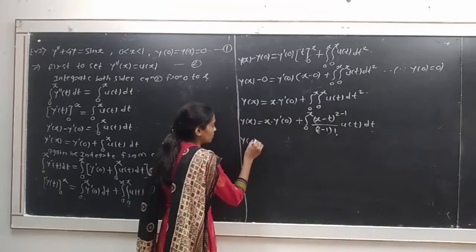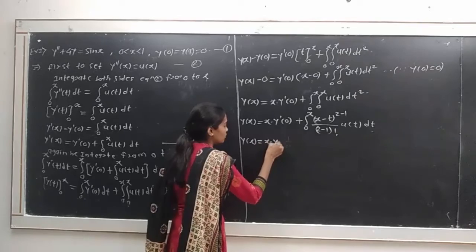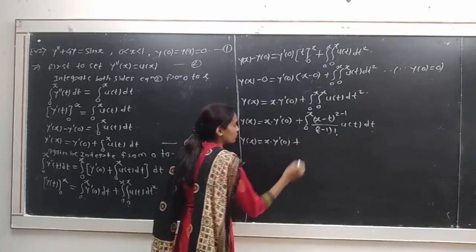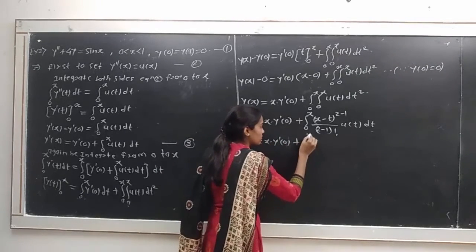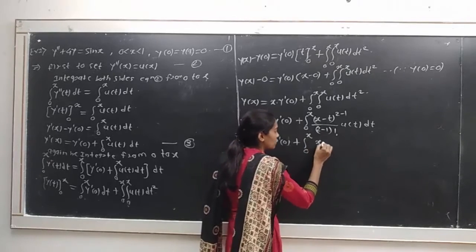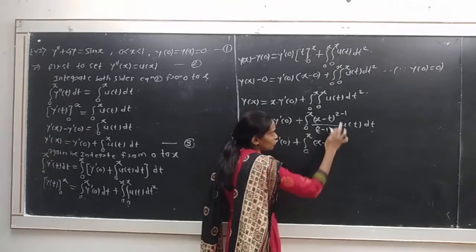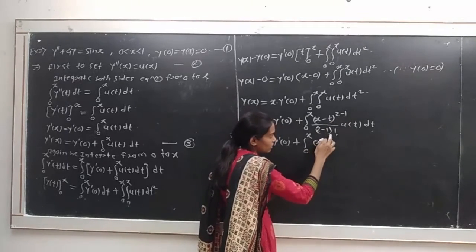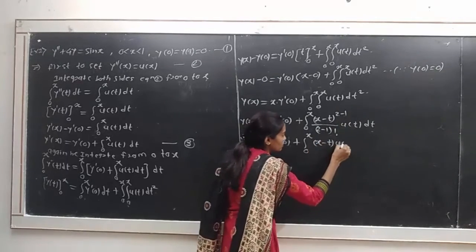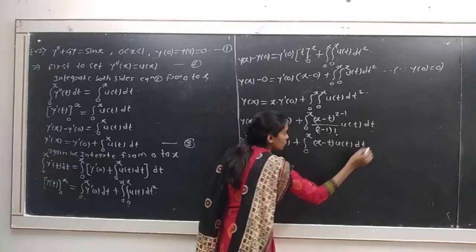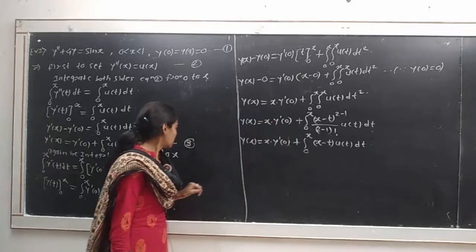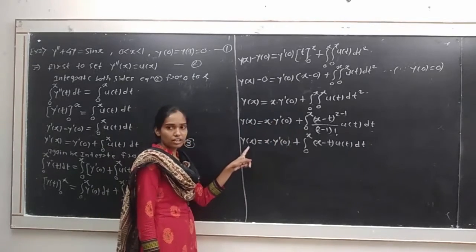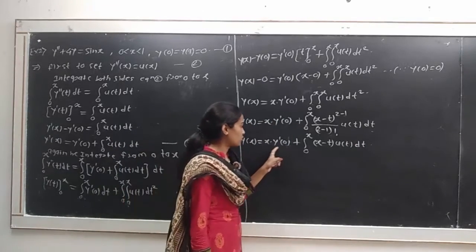Then we get y of x is equal to x into y dash of 0 plus integration from 0 to x of x minus t, since 2 minus 1 is 1, and 1 factorial is 1, into u of t dt. This is the Volterra integral equation, but here y dash of 0 is unknown.